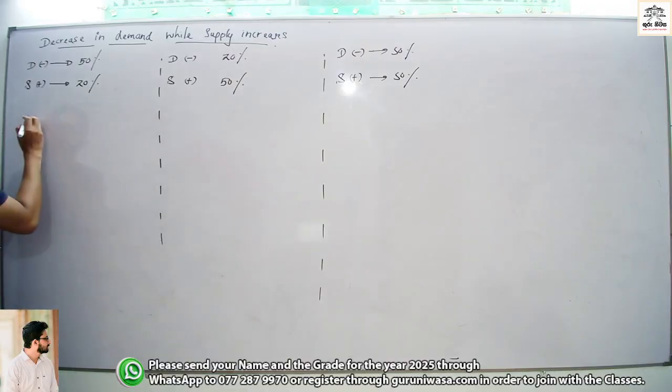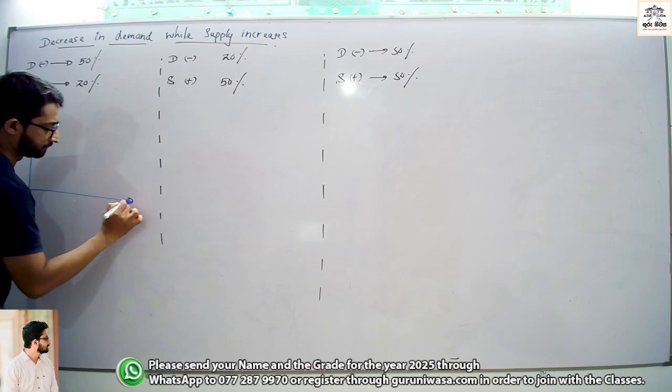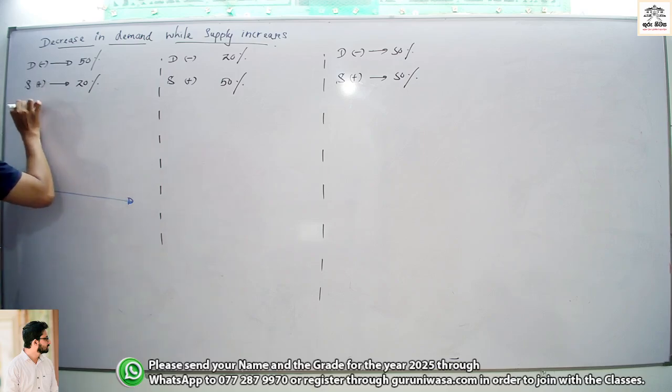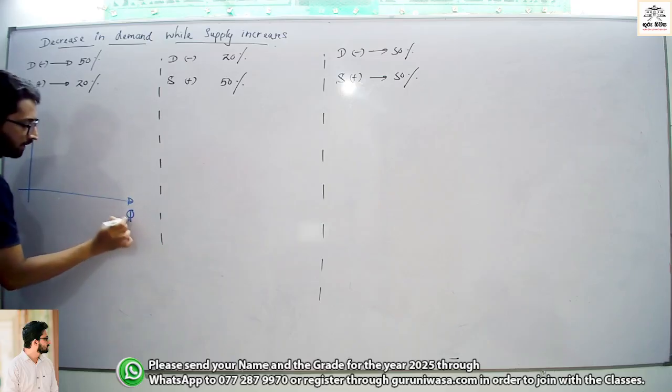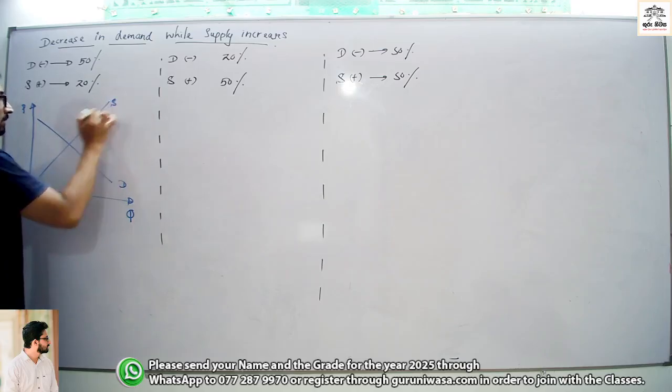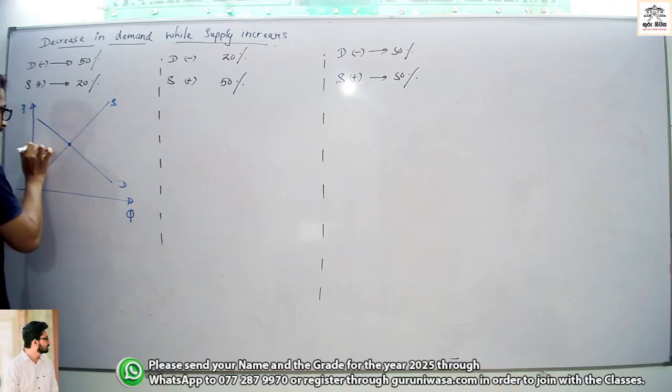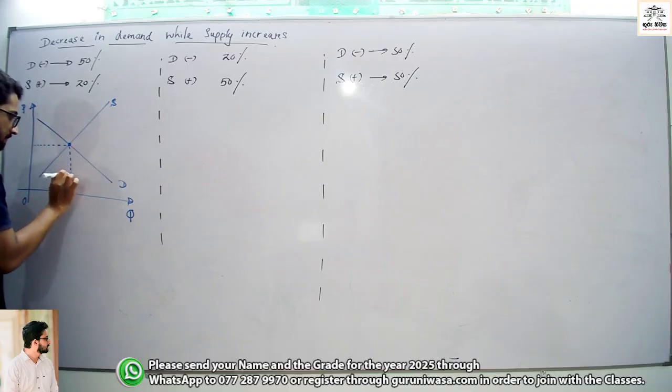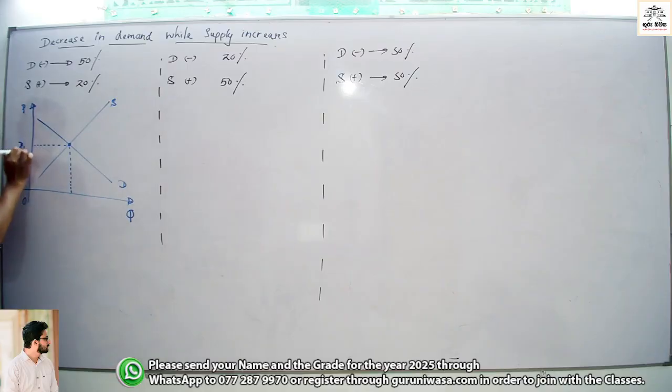First one, original diagram. Price, quantity, 0. Demand curve, supply. This is the original equilibrium P1 and Q1.